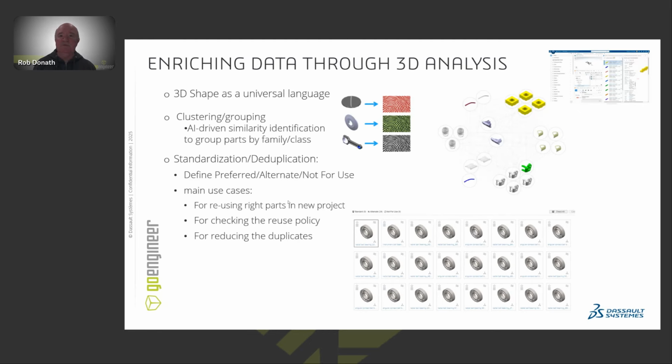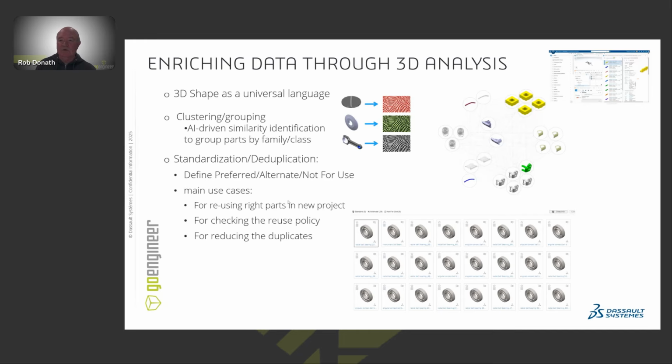So we enrich the data through this 3D analysis, using 3D shape as a sort of universal language, creating a shape signature, as it were, although we represent it here with these little fingerprints. By using AI-driven similarity classification to group parts by family or class, by clustering them together, we can quickly identify parts that are quite similar and group them so that you can define a standard, an alternate, or a not-for-use scenario, and then promote that information back into engineering.